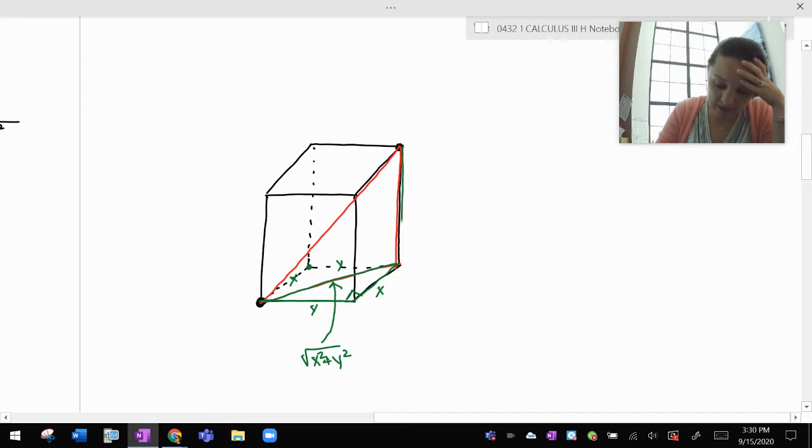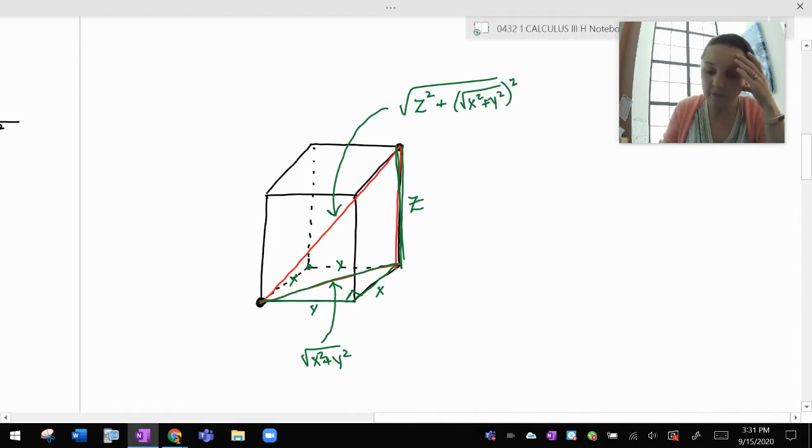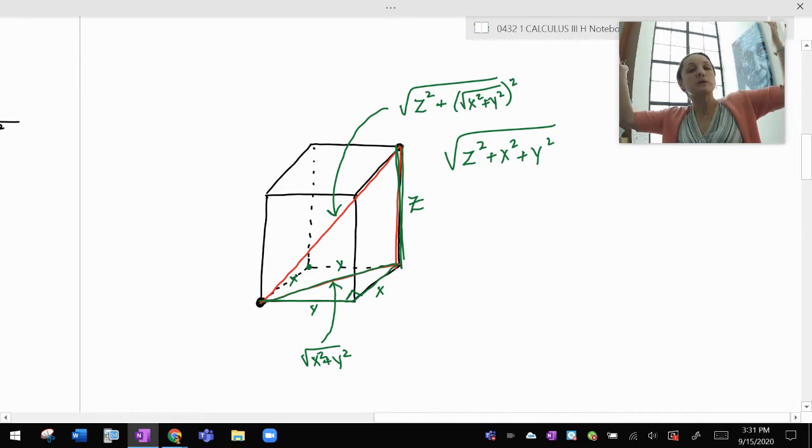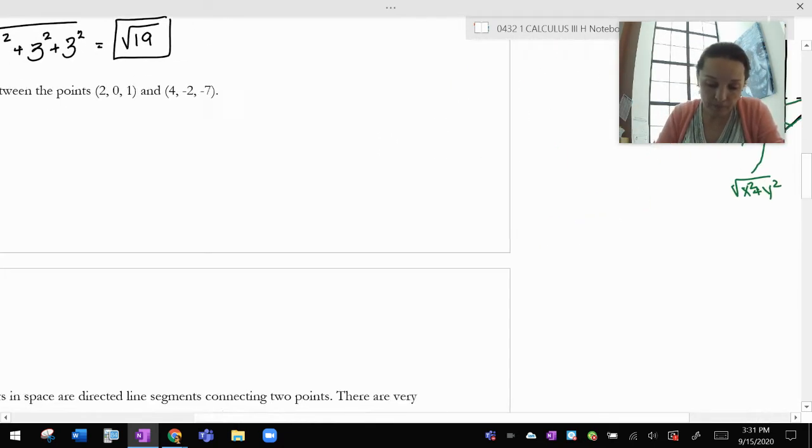So then this is a z distance, making this hypotenuse the square root of z squared plus x squared plus y squared, which gets me z squared plus x squared plus y squared. Ta-da! That's why it's an extended Pythagorean theorem.